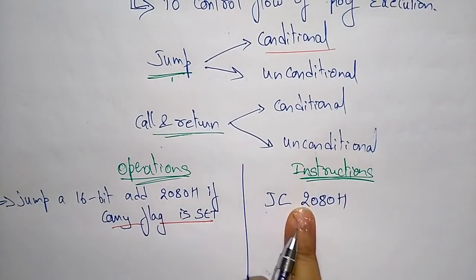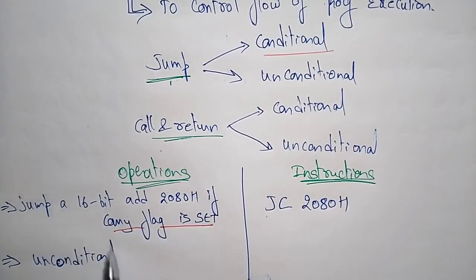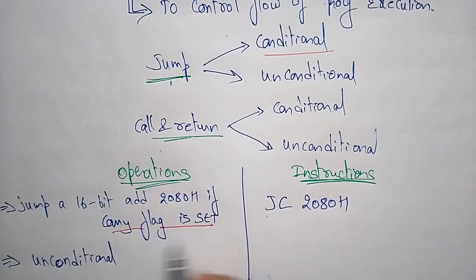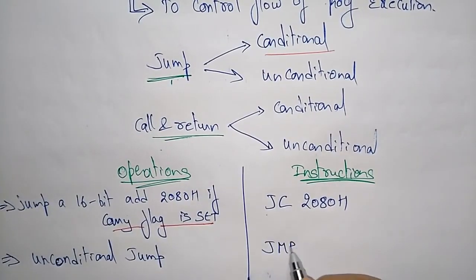Next, let me write the unconditional jump. For the same statement, unconditional jump means I am not mentioning the condition, if the carry flag is set. For that unconditional jump, you have to write the instruction JMP 2080H.